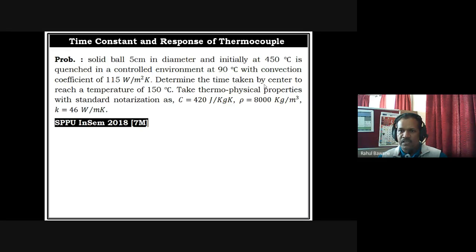Determine the time taken by the center to reach a temperature of 150 degrees centigrade. So they have given a value of T also. Initial temperature Ti is 450, surrounding temperature T infinity is 90, and T value 150 is given. Take thermophysical properties with the standard notations as C 420, rho 8000, and k 46. So we have to find the time required to attain 150 degrees centigrade.